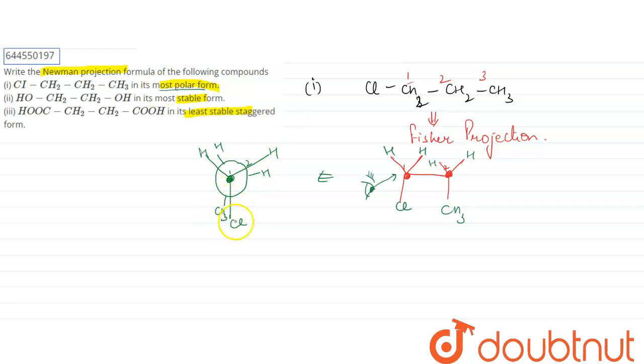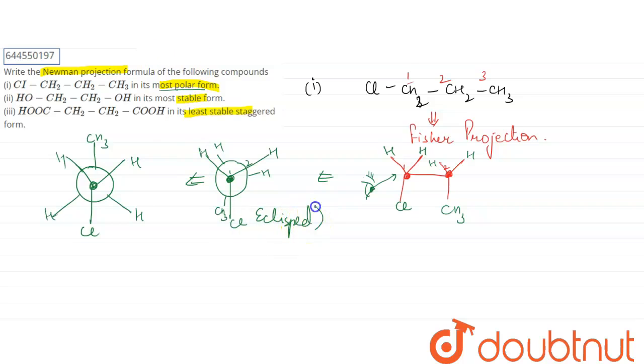Most polar form means these two heavy groups should be far from each other. So in its most polar form, they will be something like this. Here we are gonna place CH3, this is Cl, and the rest are H and H. This one we call the eclipsed form, and this one we call the staggered form.